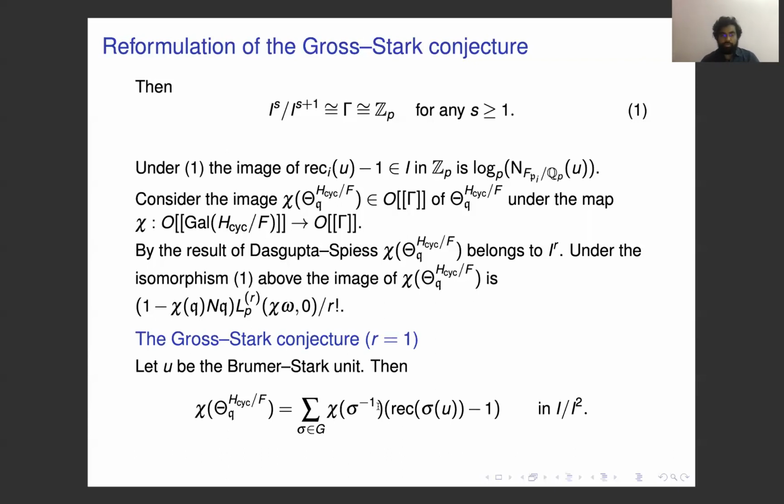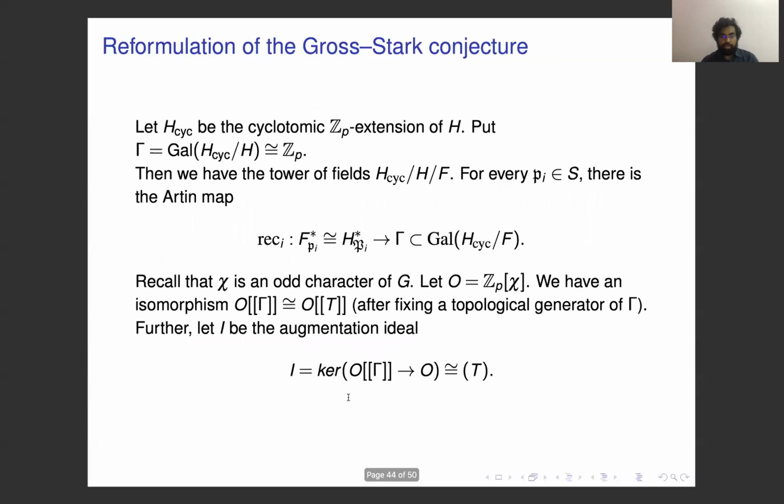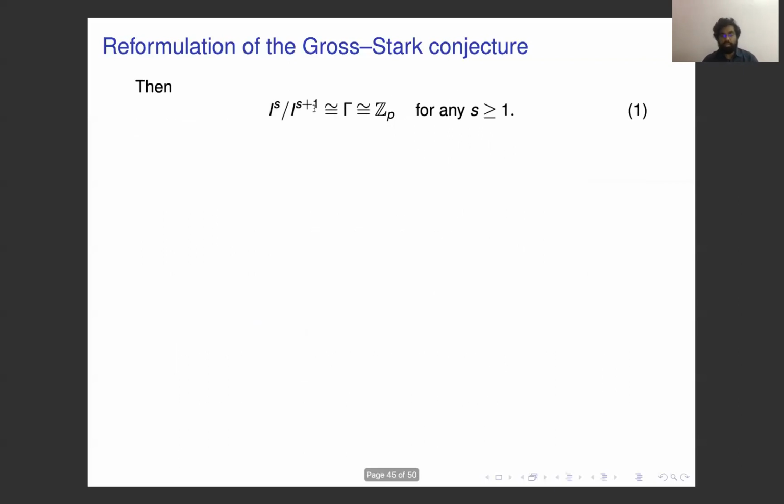So now if you replace this H cyclotomic over H by any extension L over H with some mild conditions, like unramified outside finitely many primes, and so for instance, even if you just take finite things, that's okay. So if you replace this, you can make sense of everything. So there's the reciprocity map, there's the augmentation ideal. It may not have a simple form like this.